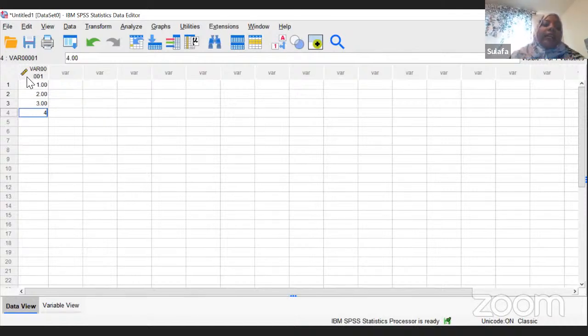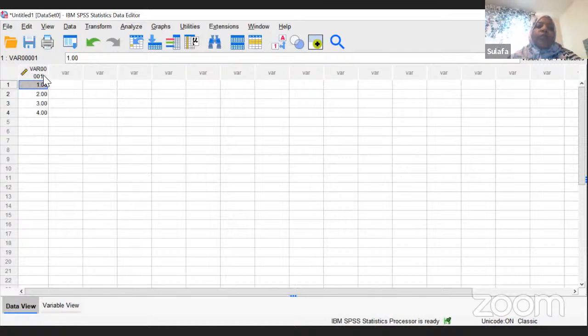So we have, like in this research, 4 participants or 4 observations. If you add in these rows, you add more participants or more observations. And if you add here, you add the variable. So the column is for the variable and the row for the observations.